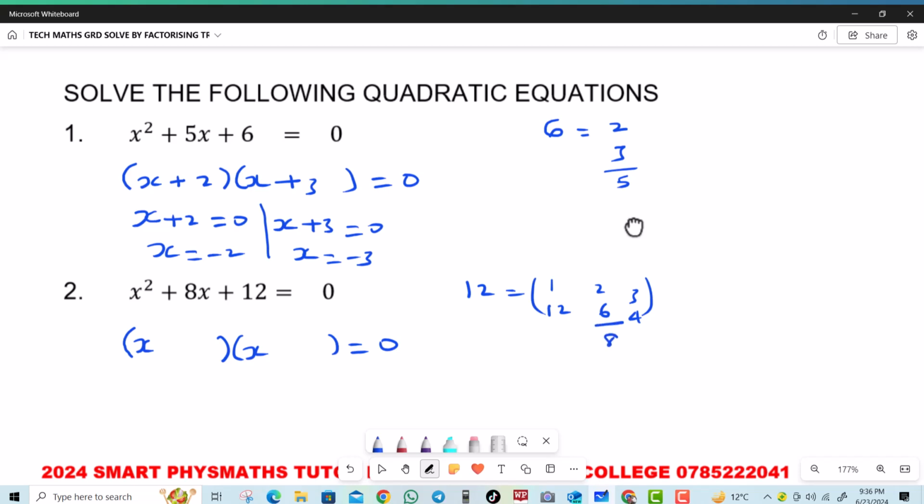So in this case, we're going to use plus 2 here, and then also plus 6.